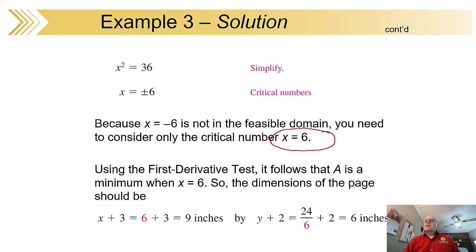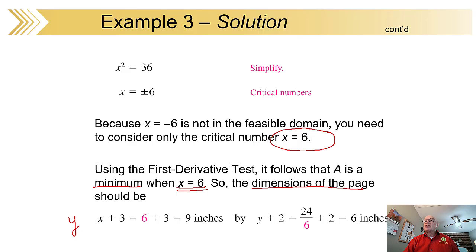Using the first derivative test, that means the minimum is where we just found. X equals 6. That's where we'll find the minimum. Remember, the minimum actually refers to the area that we need. So what do we have? Since we found x equals 6, what are the dimensions?